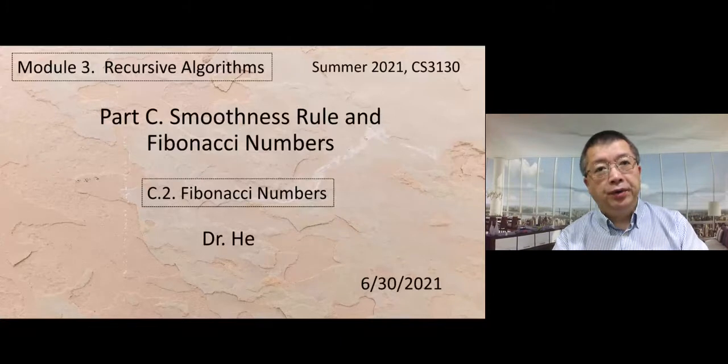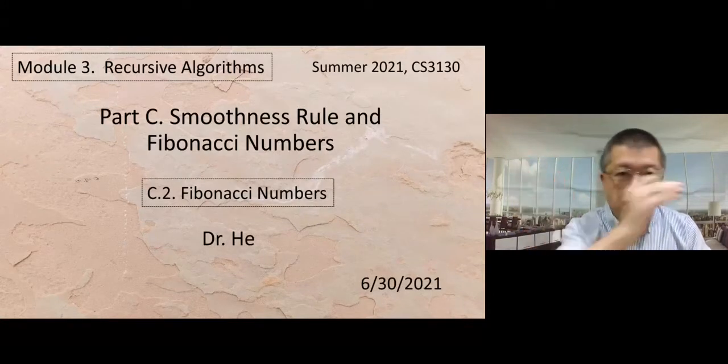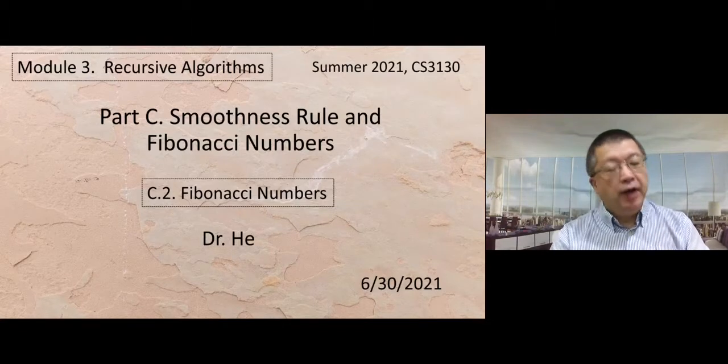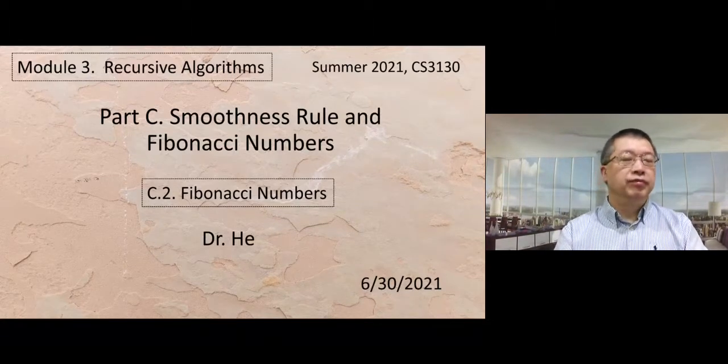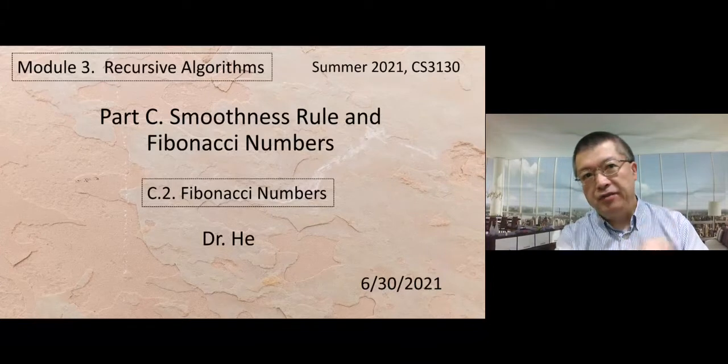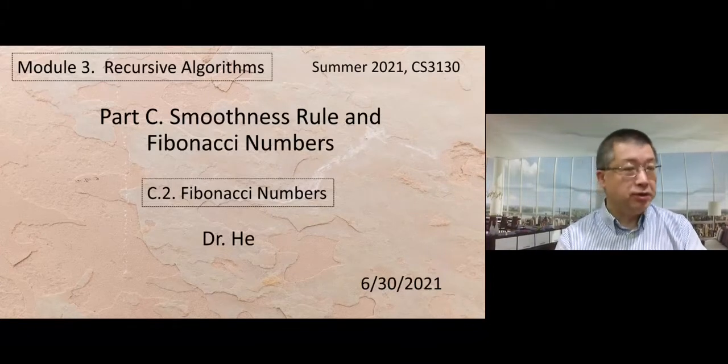Part C.2, Fibonacci numbers. It is a very famous problem, Fibonacci numbers. A lot of interesting properties for this kind of special numbers.